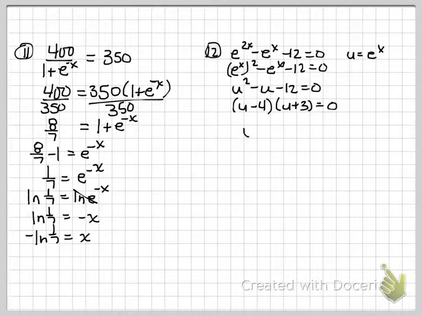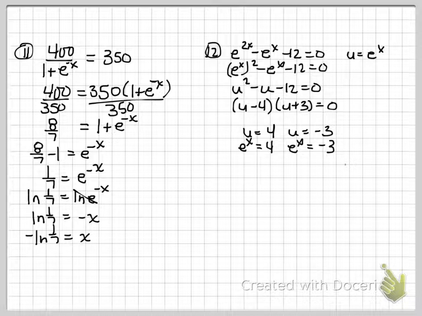Solve each one and I get u equals 4 and u equals negative 3. Once you've got the u's solved, you can put the e to the x back. Okay, so on the first one, e to the x equals 4. e to an exponent is always going to give me a positive number.